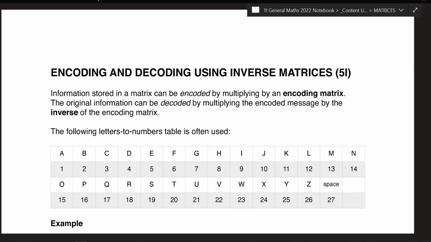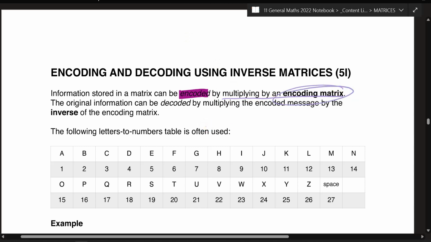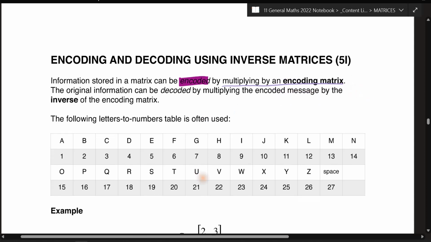So let's read this. Information that is stored in a matrix can be encoded, okay, by multiplying by an encoding matrix. Okay, so that's an important idea here. You can encode a matrix by multiplying it with an encoding matrix. And what it does is it mixes up the numbers. If you can imagine, you've got a matrix, you multiply it with another matrix, you'll get obviously a bunch of numbers.